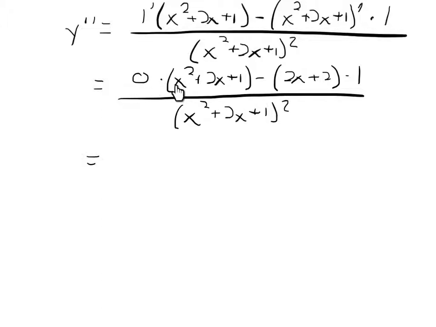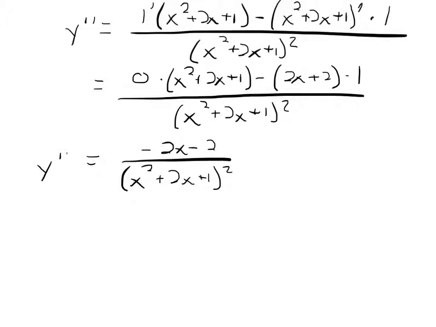Once again, 0 times each of these three terms gives us 0. Distributing the 1 to this just gives us 2x plus 2. We're subtracting it, so it's going to give us a minus 2x minus 2 over x squared plus 2x plus 1 quantity squared. We should be finished with this, but we're not because this simplifies.